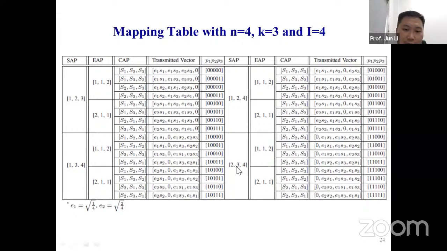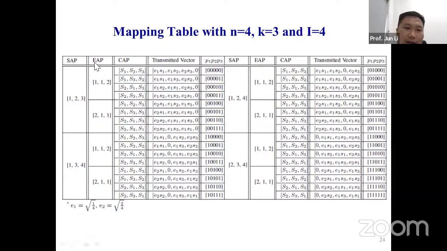The 2, 3, 4 means the second, third and fourth subcarriers are used. There are totally 4 kinds of different subcarrier activation patterns.